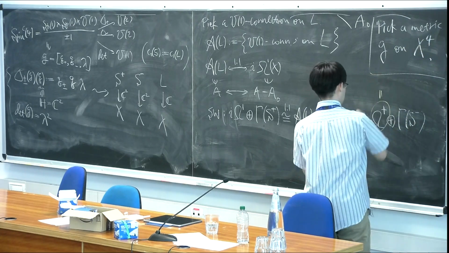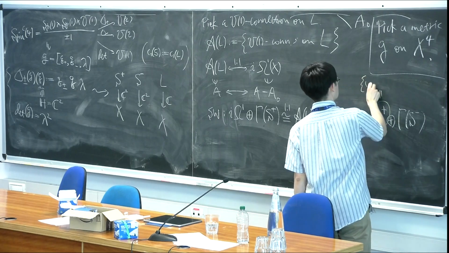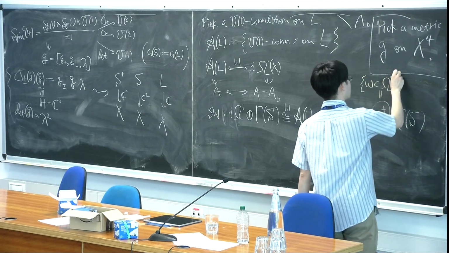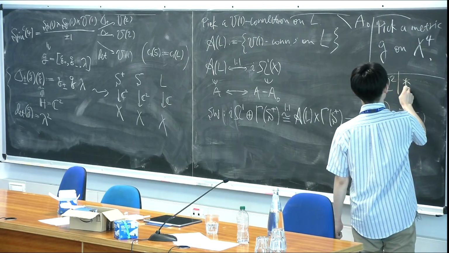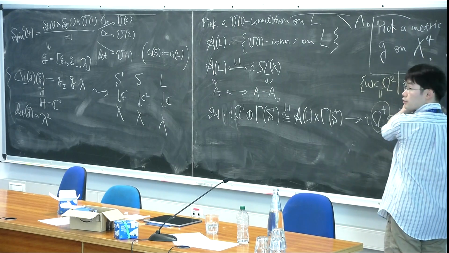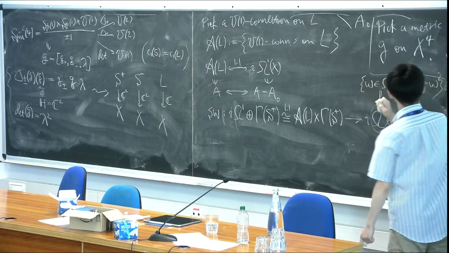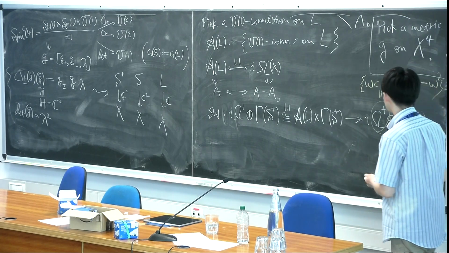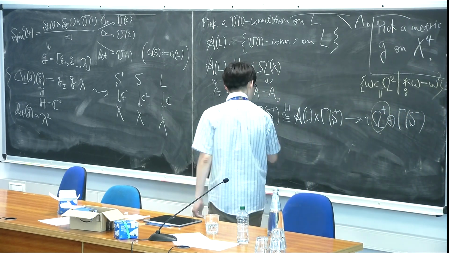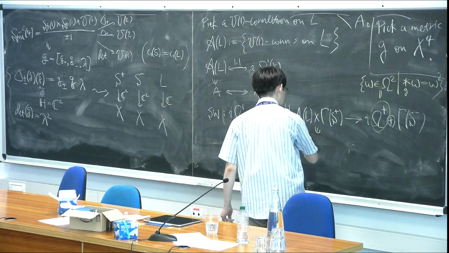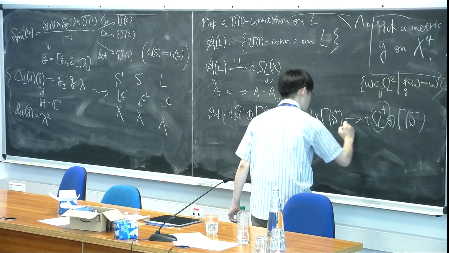And this omega plus means so-called self-dual two forms, by which I mean that if you apply the Hodge star operator, which of course depends on the Riemannian metric G, it comes back to omega itself. Okay? And you have some natural map from here to here called the Seiberg-Witten map.